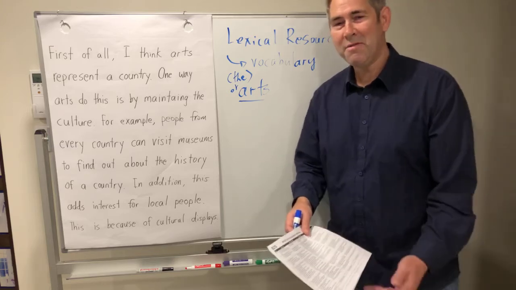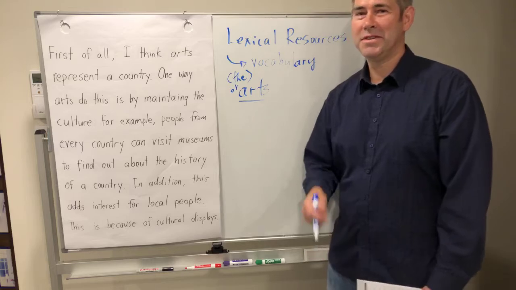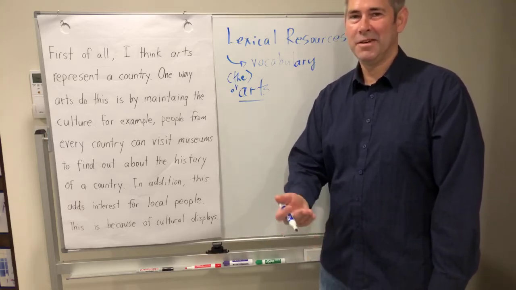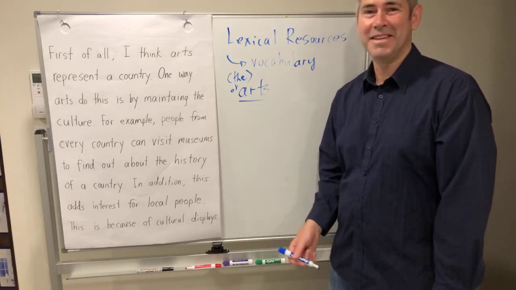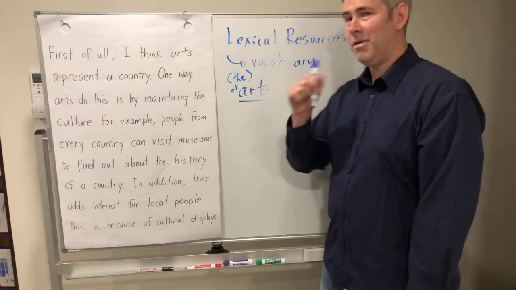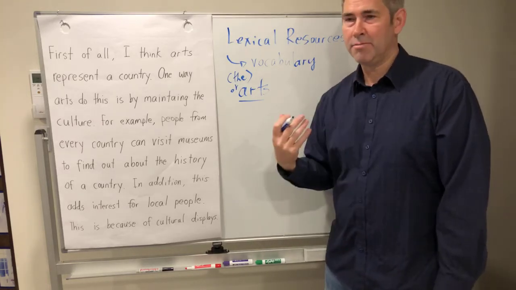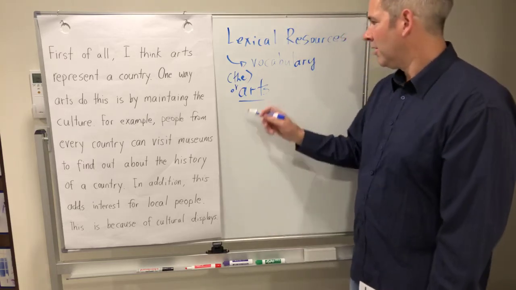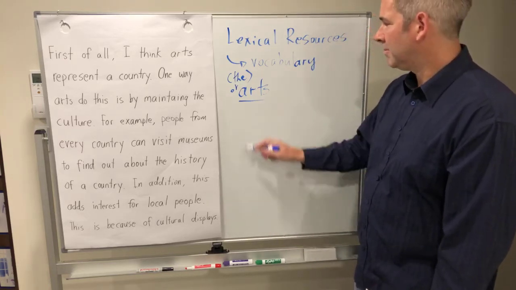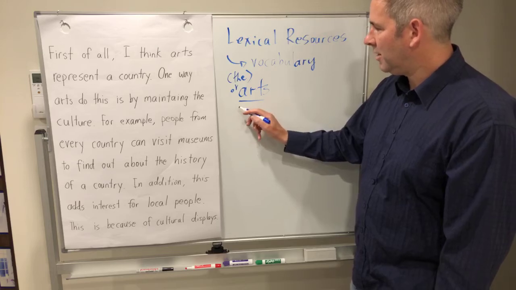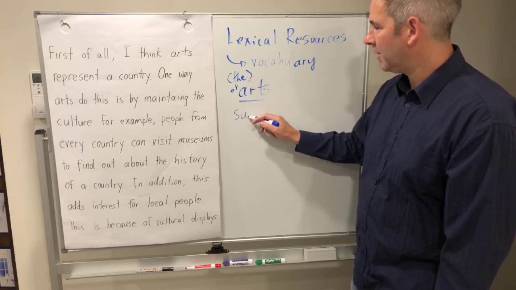Okay, if you can't think of any other ways of saying the arts, you're actually doing very well, because neither can I. But what I can do, in the absence of any close synonyms, is give examples. So here is a way of using more vocabulary.